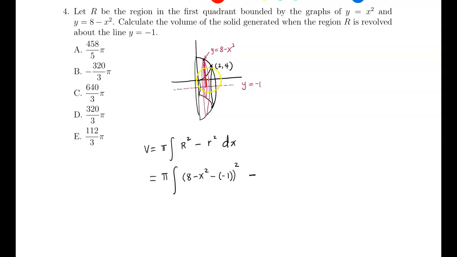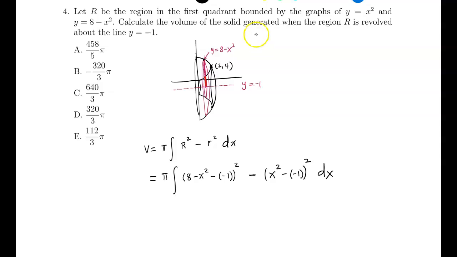It is the curve y equal to x squared. So you have x squared minus the function at the bottom, this line y equal to -1, that's the axis of revolution, and then you square that.